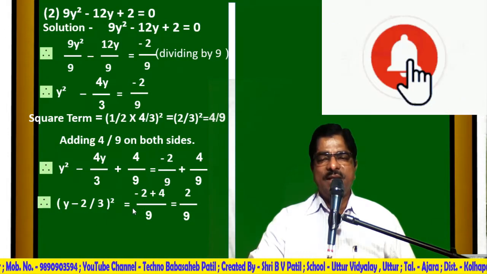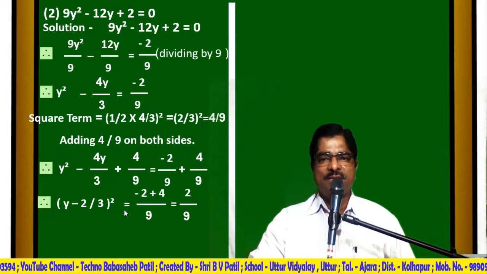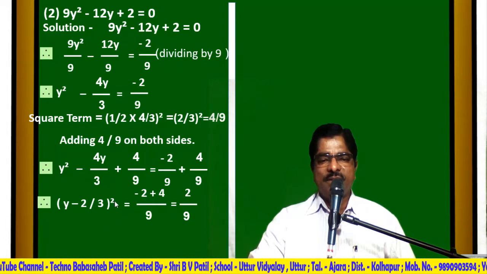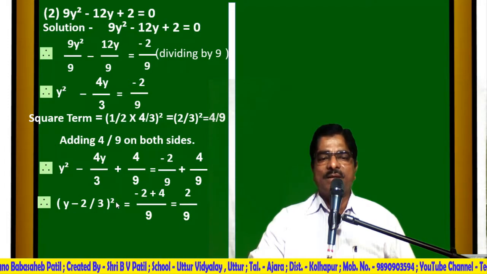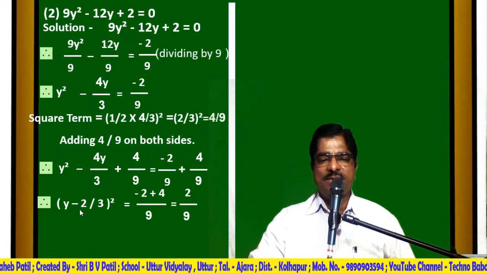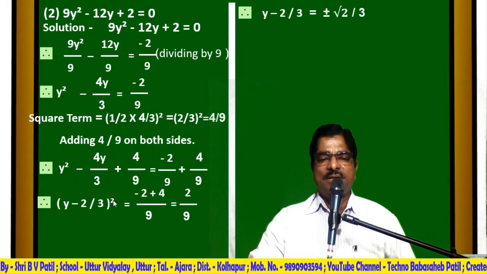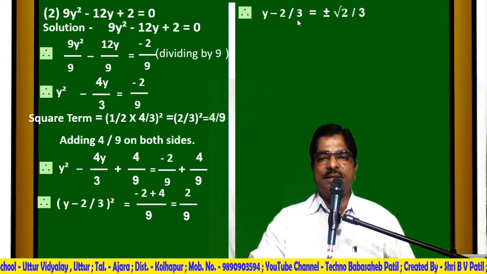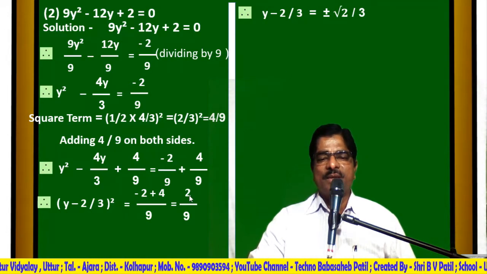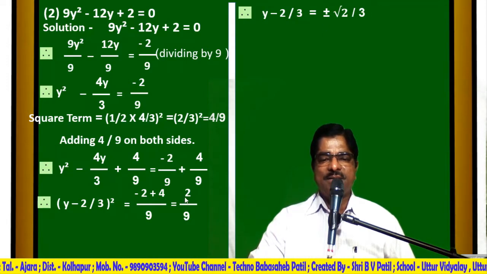Then what is the next step? This square term is removed by which method? By taking the square root. Therefore, this square cancels, y minus 2 upon 3 remains, equal to, there are two possibilities, plus or minus.